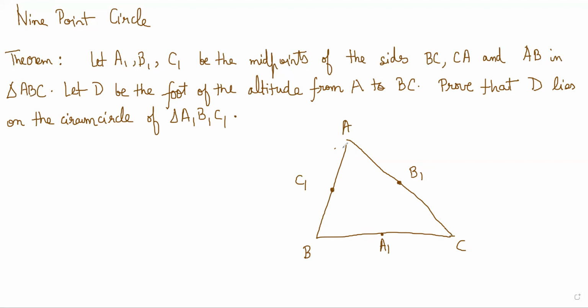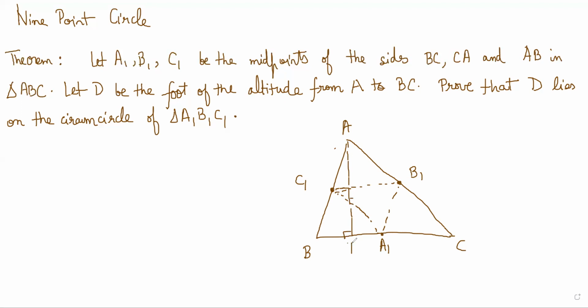Now you can have a triangle A1, B1, C1 like this triangle, and you can have a circumcircle also for this triangle, something like this. It's hard to draw, but for now I'll not draw it. I'll just mark the point D.